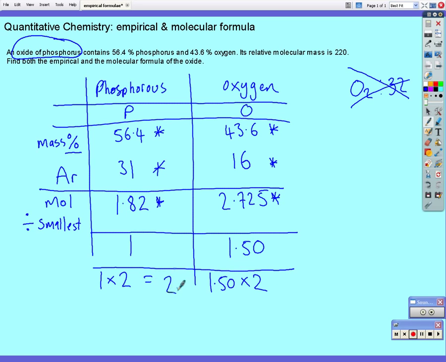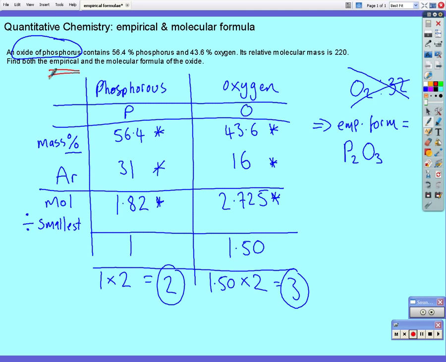We end up with a 2 and a 3. And that's what we want, a whole number ratio. And so we can say that our empirical formula is equal to P2O3.